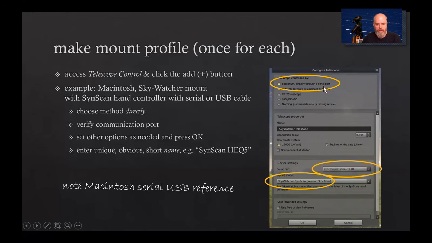So I'm saying direct support. There's the SynScan. Oh, there's the device. There's the communication port. It's /dev/cu.usbserial. Doesn't matter what the rest of the number is. Well, that would only matter if you had two USB serial devices hooked up at the same time. You'd want the right one. So you'd have to do a bit of digging to figure that out. But there's an example where we've got a SynScan Skywatcher setup.